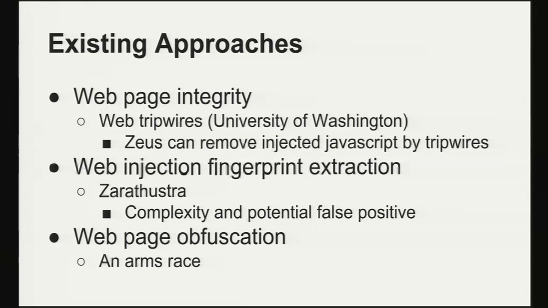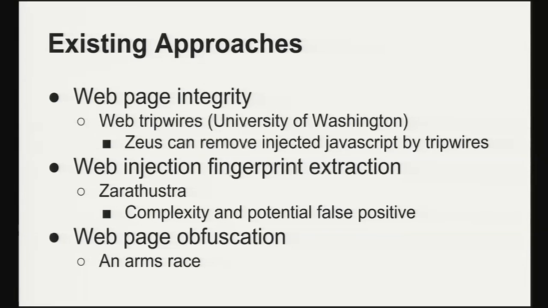For example, one is the web page integrity check. Web Tripwire from the University of Washington basically checks the hash value of the page before they serve it to the browser and after they serve it. Then they can find the difference.